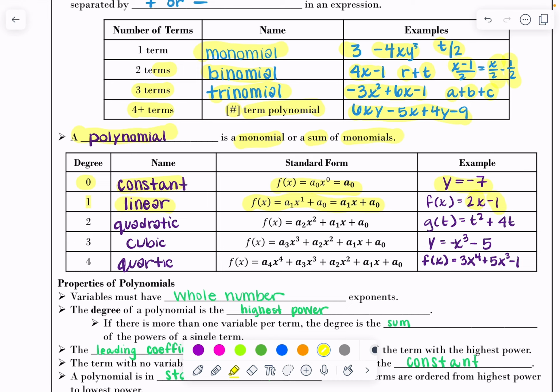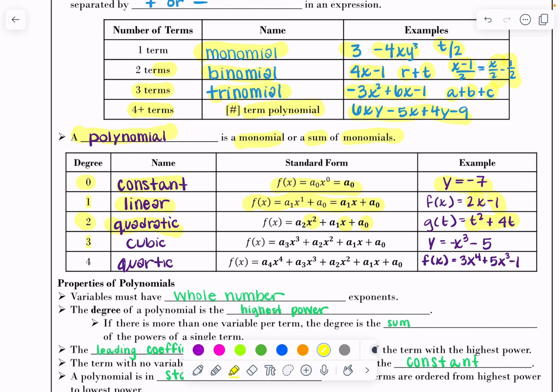Next, our favorite, quadratic. Okay, this is when we have the degree of 2. Its highest degree is 2. That means it leads with a 2. We have any descending variables after, and then ending with a constant. And that could even be something that doesn't have a constant. So like the example of g of t, it has t squared plus 4t, but it doesn't have a constant. You don't always have to have a constant for a quadratic.